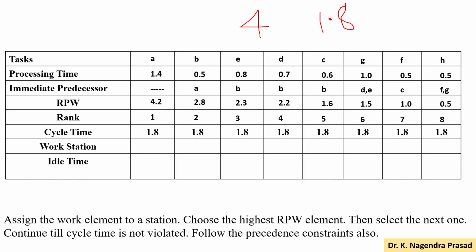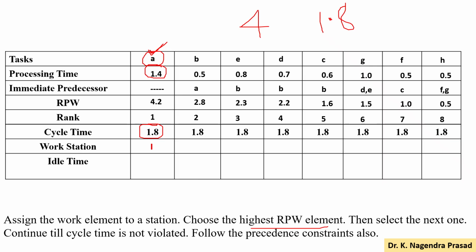We have to start with the first task, task A, which has the highest RPW element, and we consider the first workstation. So first we assign task A to station 1; its processing time is 1.4 and the cycle time is 1.8.